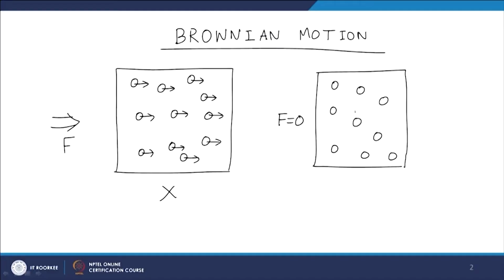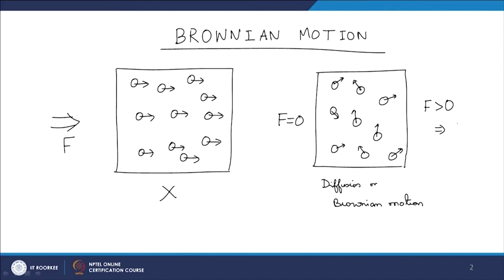Molecules do indeed move, but the motion of molecules is in different directions, which we refer to as diffusion or Brownian motion. And only when an additional force is applied, if F is higher than 0, then we also have an additional convection that occurs, because on average the molecules tend to move in the direction of the force.